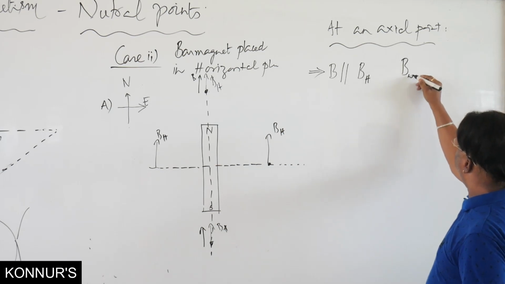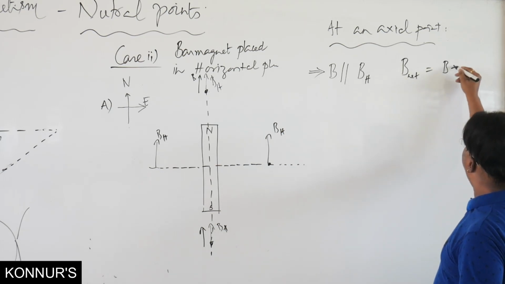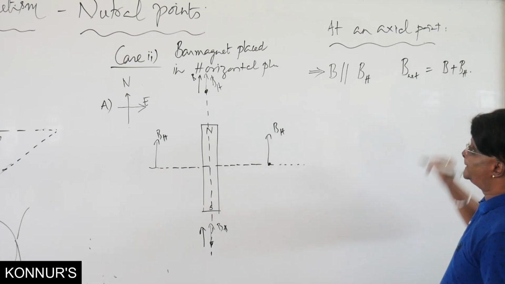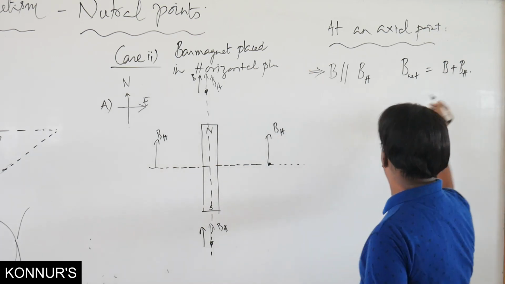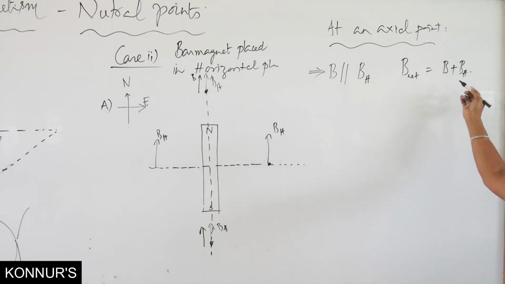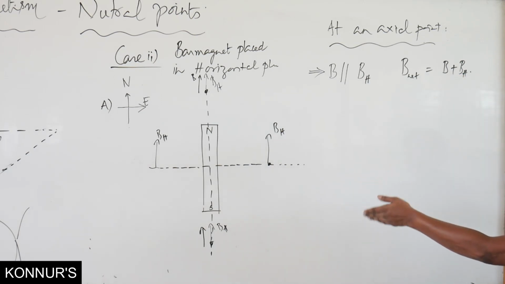Therefore, the net magnetic induction is always B plus BH. And what is the direction? It is always geographic south to north, because BH is also south to north.